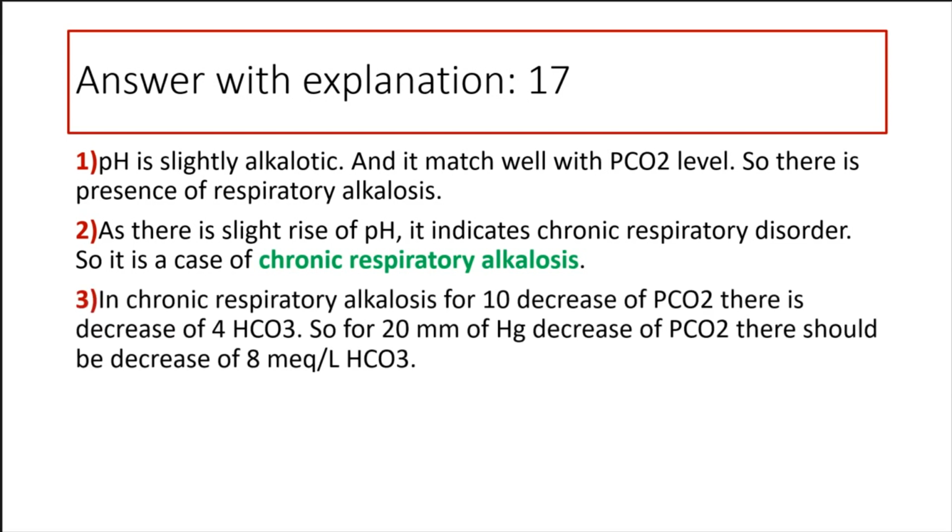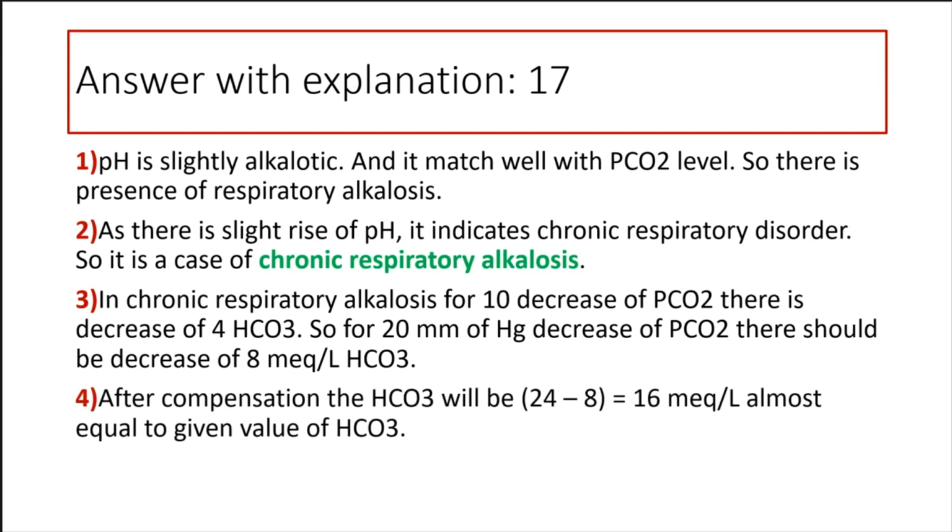3. In chronic respiratory alkalosis, for every 10 decrease of PCO2 there is a decrease of 4 in HCO3 or bicarbonate. So for a 20 mm of Hg decrease of PCO2 there should be a decrease of 8 milliequivalent per liter of HCO3 or bicarbonate. 4.